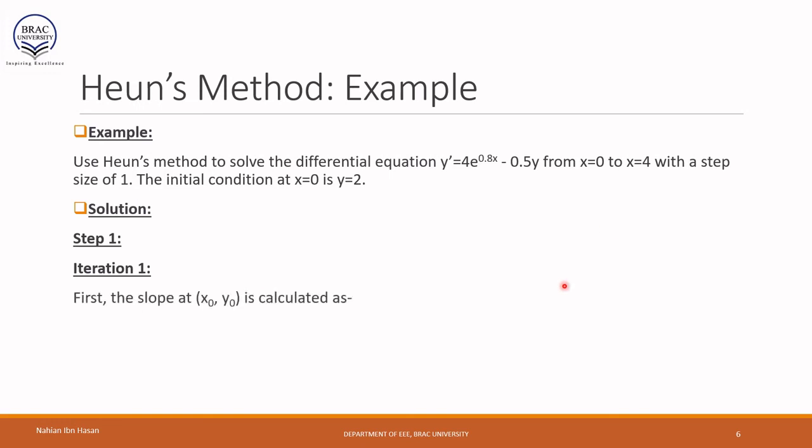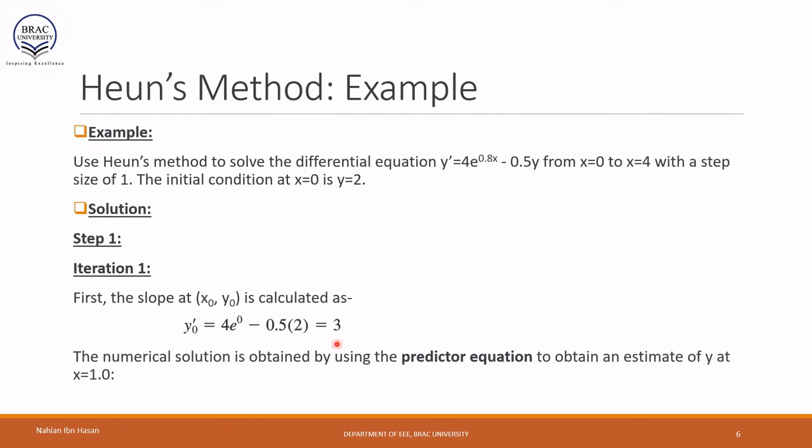So in step 1, in the first iteration, we are going to calculate the approximated result using Heun's formulas. At the initial point, that means at x equal to 0, we have a slope which is 3, and using that slope we are going to use the predictor equation to get a value of 5.